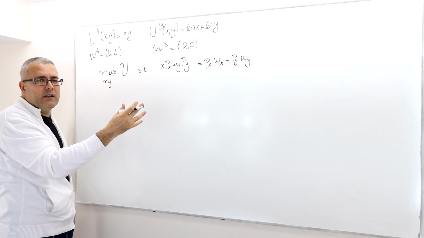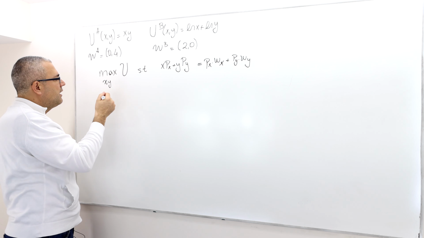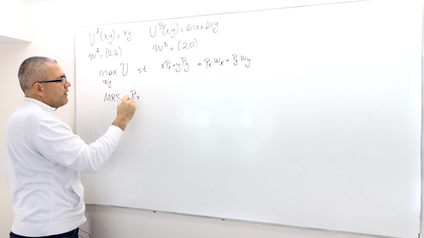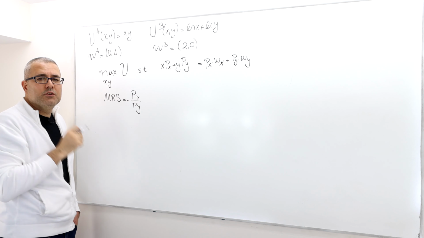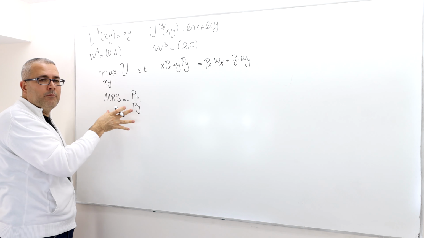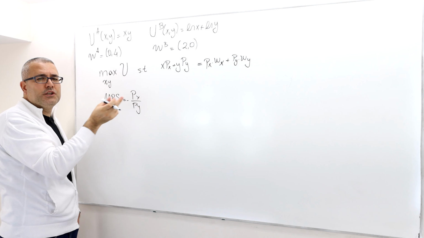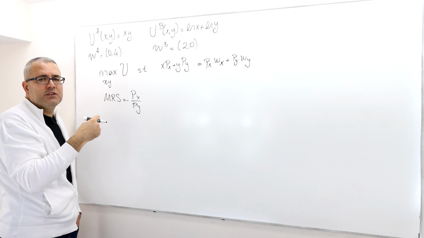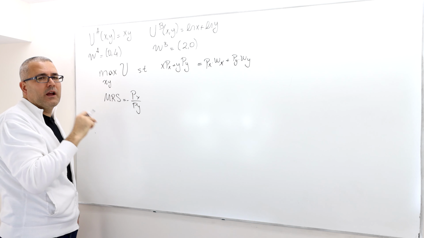Instead of writing down the Lagrangian, you just use the marginal rate of substitution equals price ratio equality, get some relationship between X and Y for each agent, plug that back into their budget constraint, and solve for X and Y.